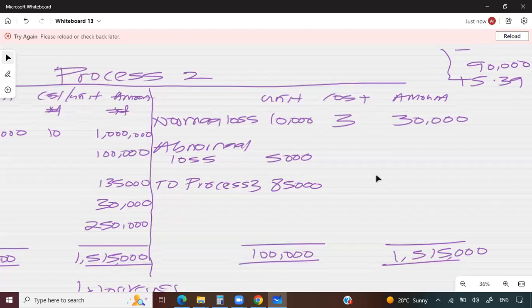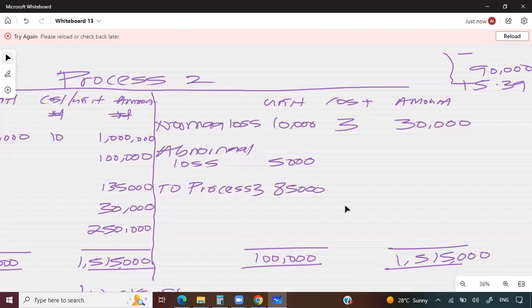Then the next one. So based on this, what is the price we are going to use? Use your calculator now. If you remember, my question is: what is the unit of output that you are going to transfer to process 3?